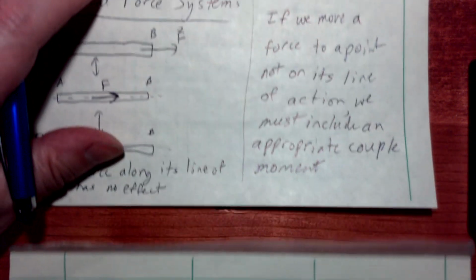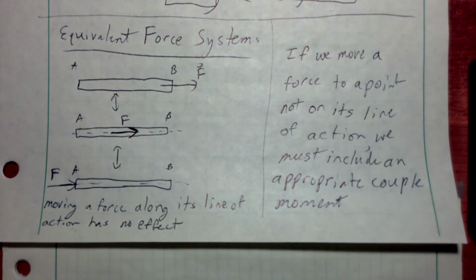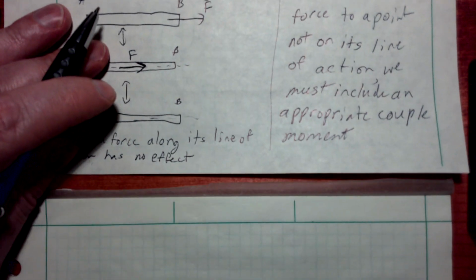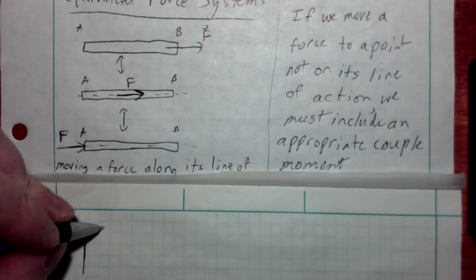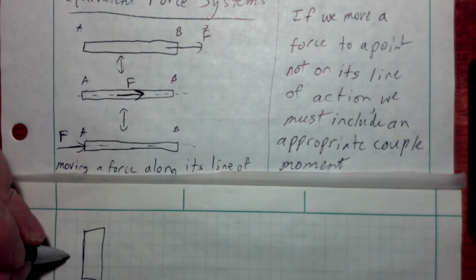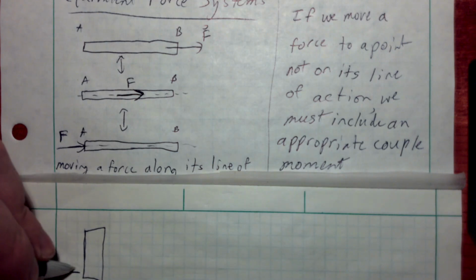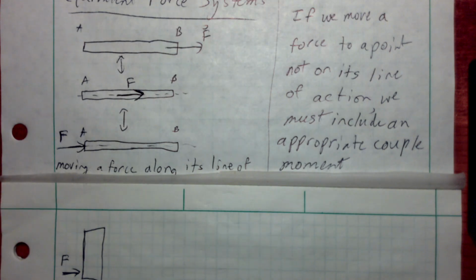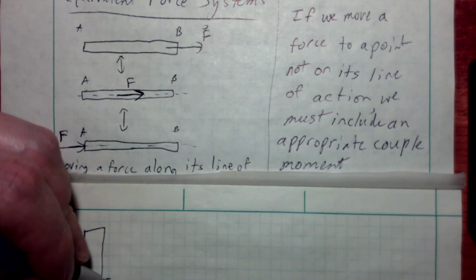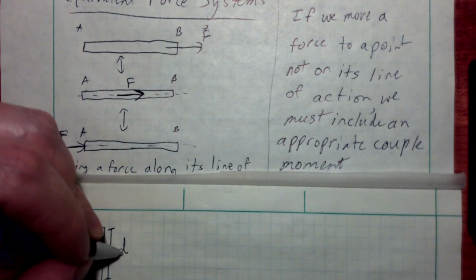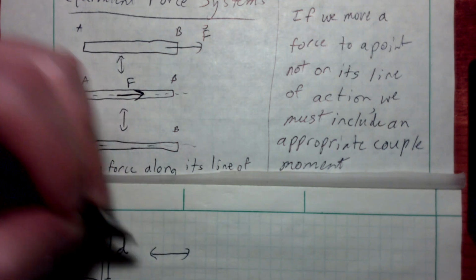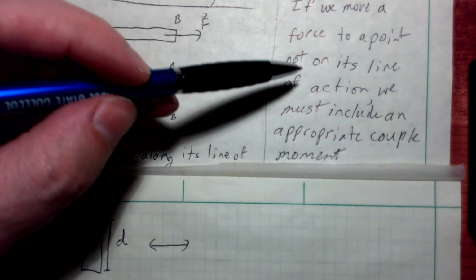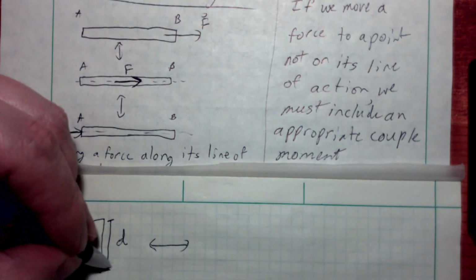What do I mean by that? If I have some object, and I've got some force F applied to it, and the length of this object has a height d, distance, if we move a force to a point not on its line of action, so its line of action is down here.